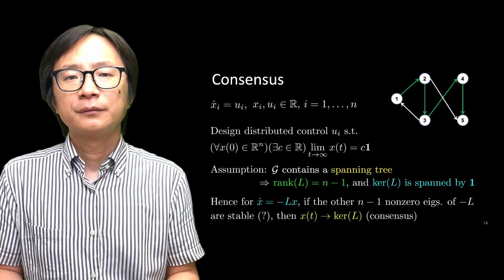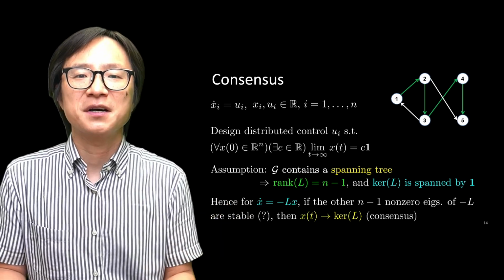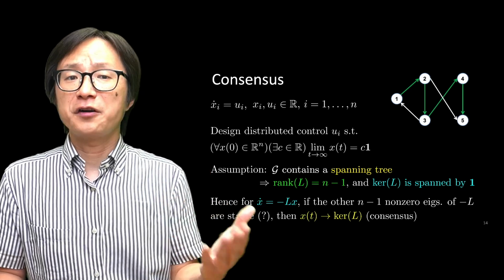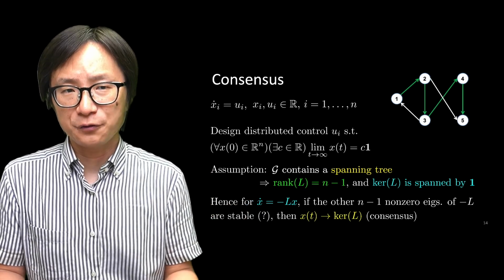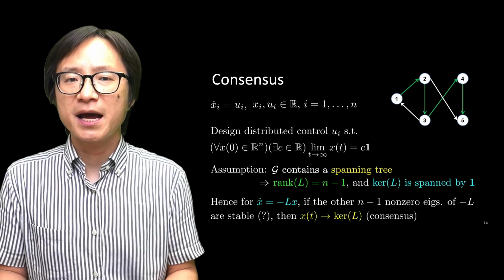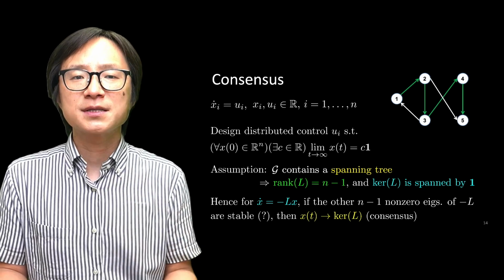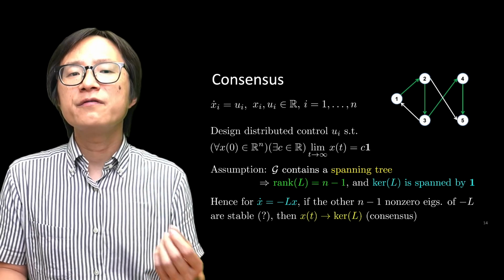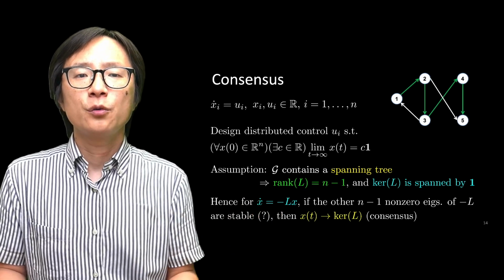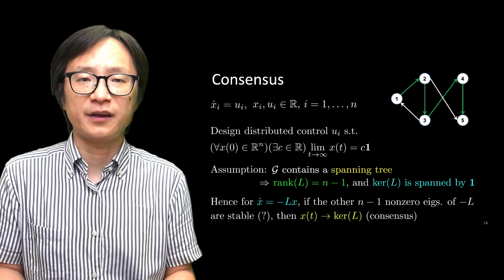This, in turn, further means that for the entire system, x dot equals minus L times x, if the other n minus 1 non-zero eigenvalues of the matrix minus L, which is the system matrix, are stable, namely the eigenvalues have negative real parts, then the state x will converge to the kernel of minus L, which is the same as the kernel of L, which is spanned by the vector of all ones.